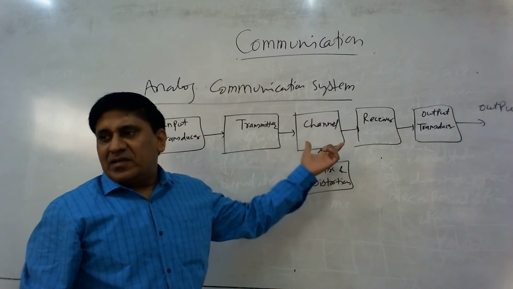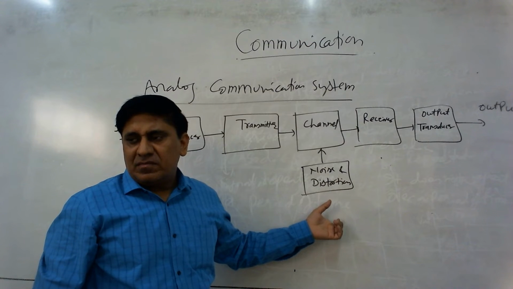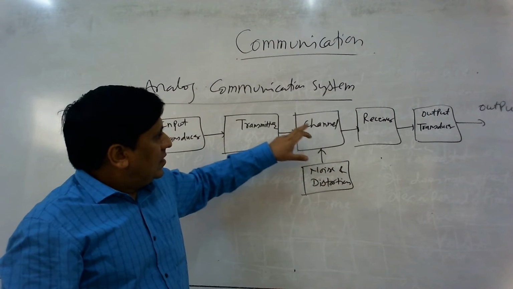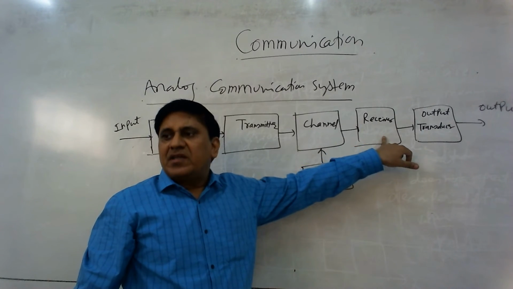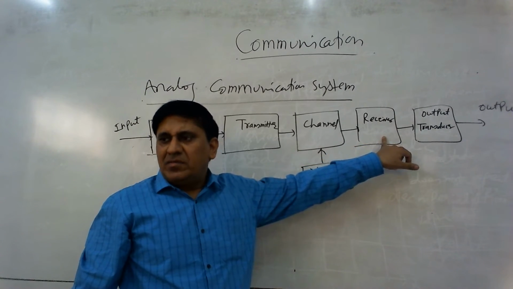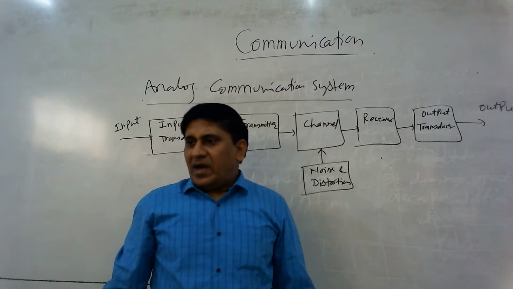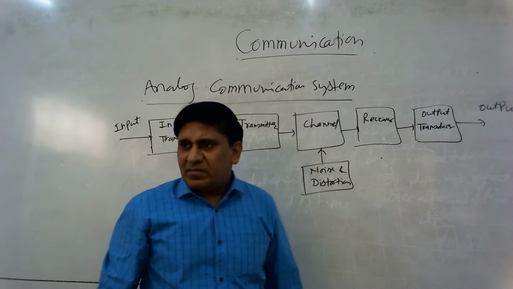If it is wireless, it can be more affected by noise and distortion. After this channel, the signal is received by the receiver, which also has a demodulation process. We will illustrate this process after some time.